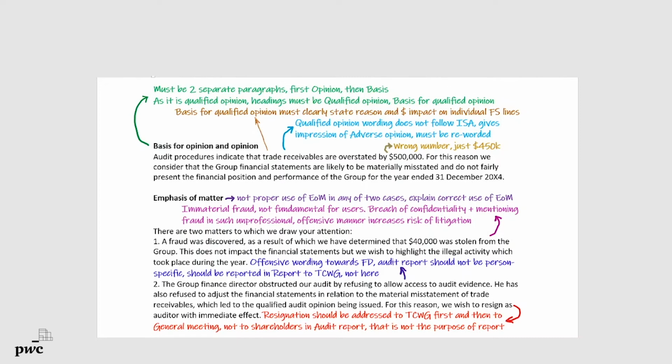It can also be misuse of emphasis of matter paragraphs or other matter paragraphs. Also, typically, the scenarios use offensive wording, unprofessional wording, or wording which is not in line with the requirements of International Standards on Auditing. Make sure you practice similar types of questions so that you are able to spot these hints and earn a sufficient number of marks.